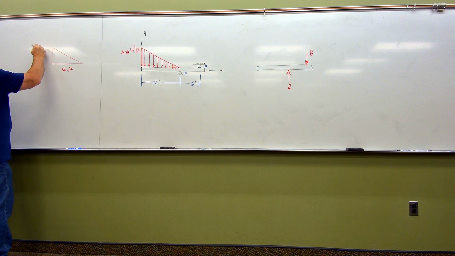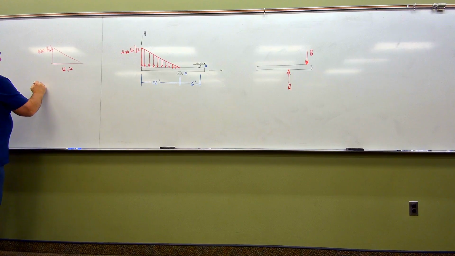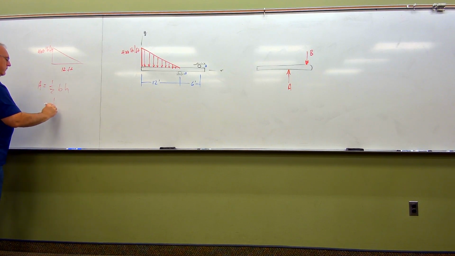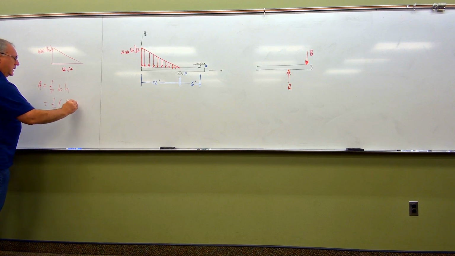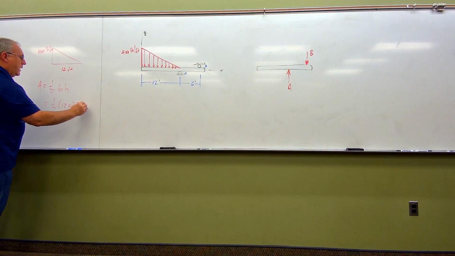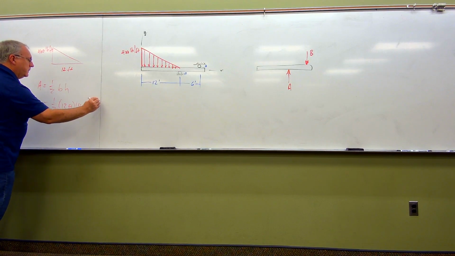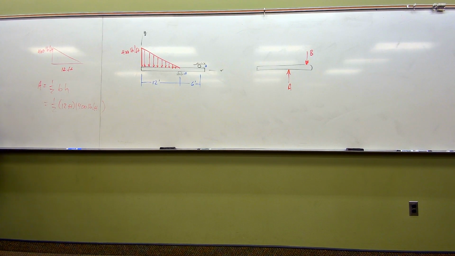This is a height equivalency of 400 pounds per foot. The area of this would be 1/2 the base times the height, which is therefore 1/2 of our base, 12 feet, height, 400 pounds per foot. It's just that. So in this case here, 200 times 12 is what? 2,400, right? 200 times 12 is 2,400.